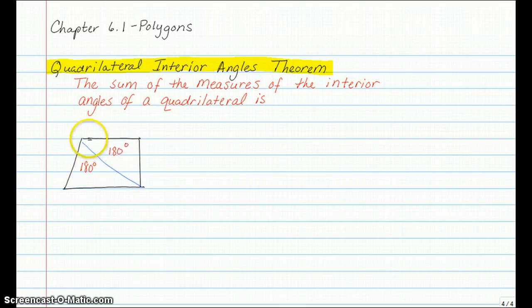The interior angles of each of these triangles measure 180 degrees. Therefore, when you put 180 degrees together 2 times, you get 360 degrees, which is the measure of all the interior angles of any quadrilateral.